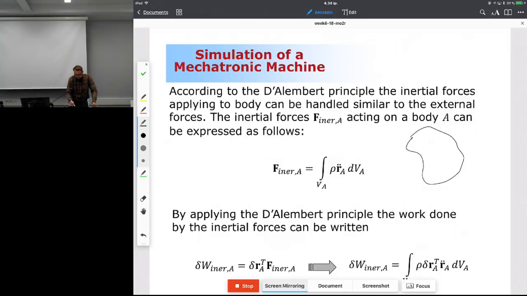Now, how can we make that happen? Well, we can make it happen by adding up all the particles and the density associated with them. Mathematically, it can be expressed using a volume integral, where the boundaries of this volume integral are the boundaries of the body, and what's inside the integral is the density at any particular position of this body. That's how we can do it. This is an expression of inertia, just a little bit more sophisticated.